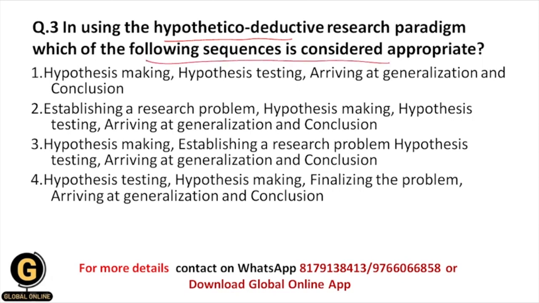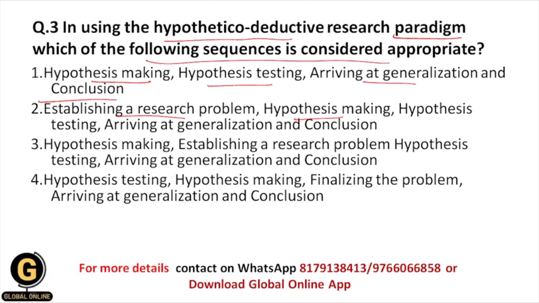Next is, in using the hypothetico-deductive research paradigm, which of the following sequences is considered appropriate? Whenever you are using hypothetico-deductive research approach, you need to go through simple steps. Those are the research steps. So what are the sequences of these research steps? First is hypothesis making, hypothesis testing, arriving at generalization and conclusion, establishing a research problem.